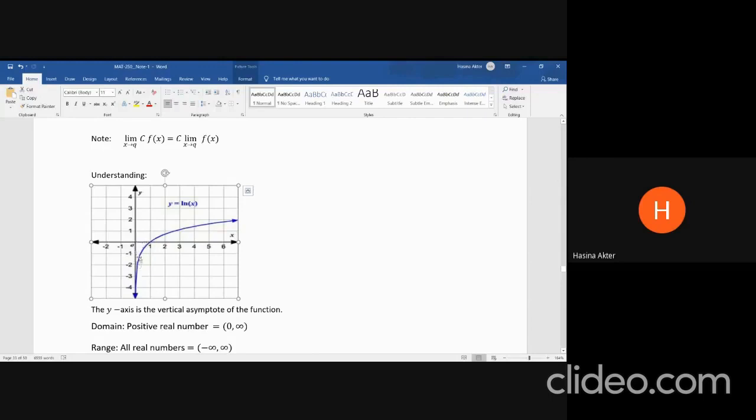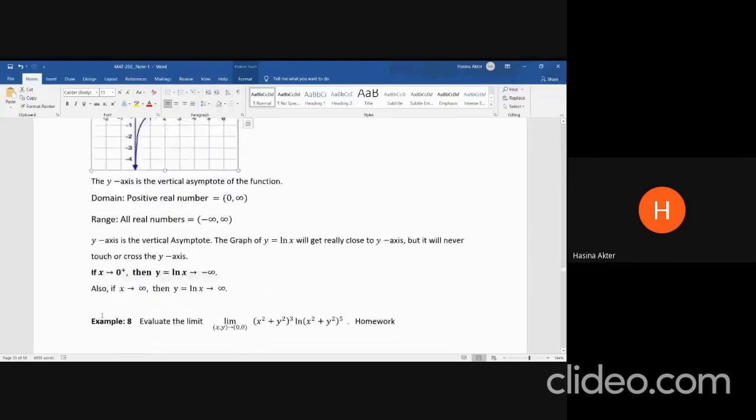That means the curve goes straight downward, near negative infinity. When x is close to 0 from the right, because x must be positive, y, which is the natural log, is close to negative infinity.